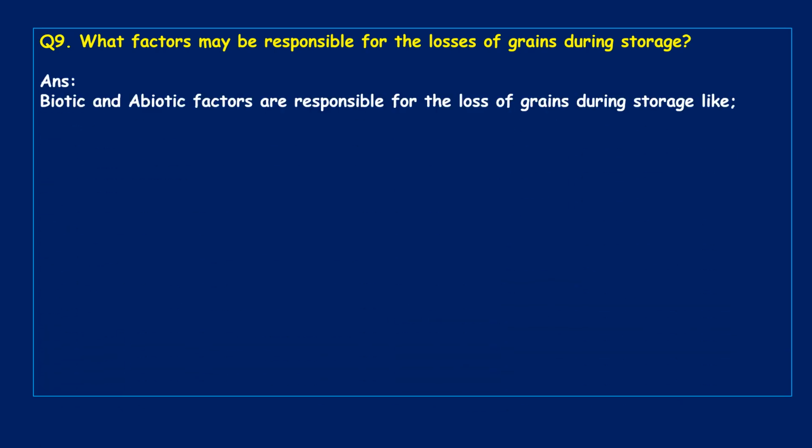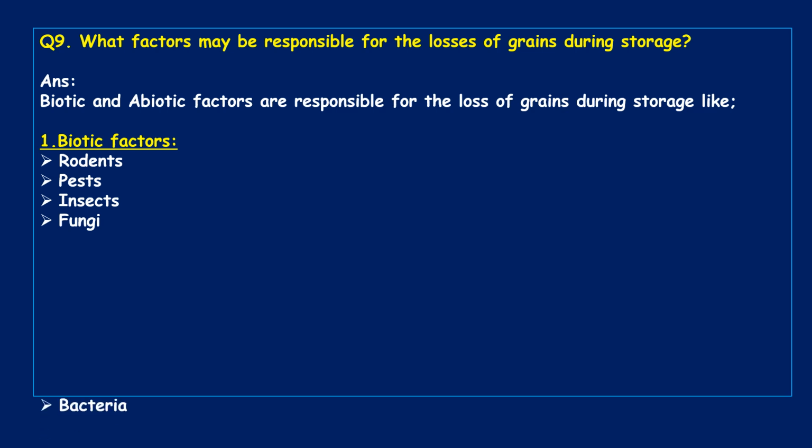First, biotic and abiotic factors are responsible for the loss of grains during storage. First we'll see how biotic factors are responsible for loss. They are rodents like rats, rabbits, and these kinds of things. Pests, we know what pests are: insects, fungi, bacteria.